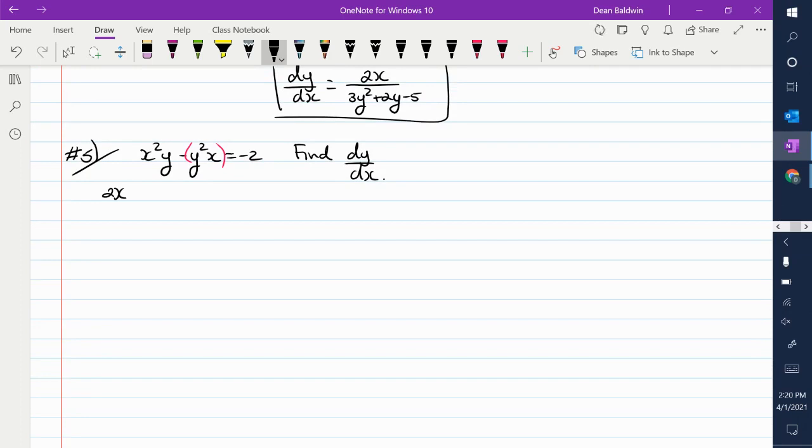It's 2x times y plus, what's the derivative of y? dy/dx times x squared. So this bit is the derivative of x squared y. Then I have to do the other part. Minus.